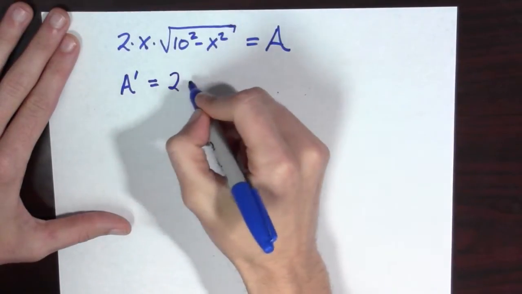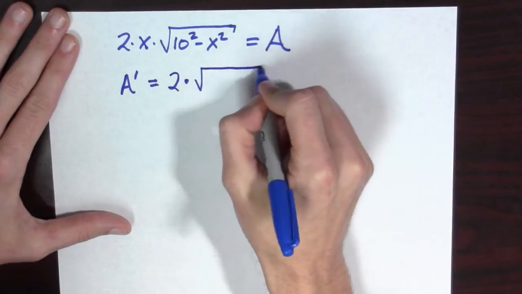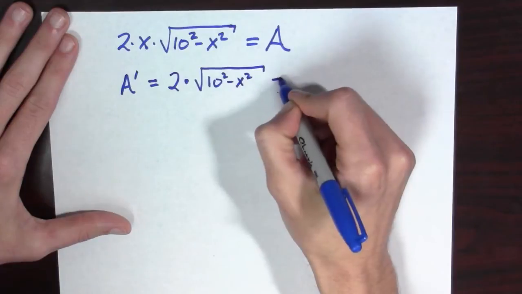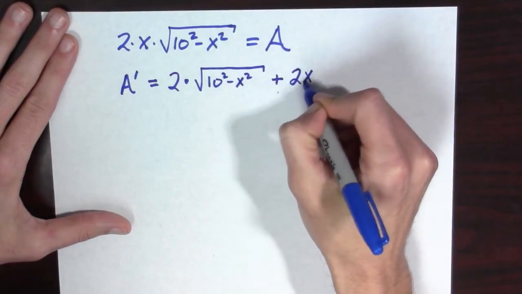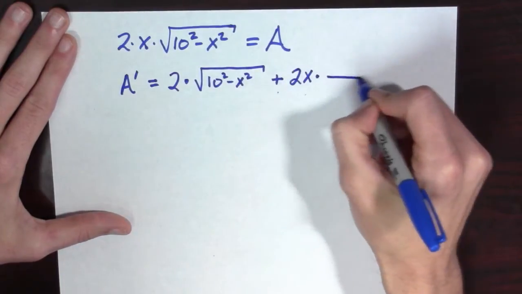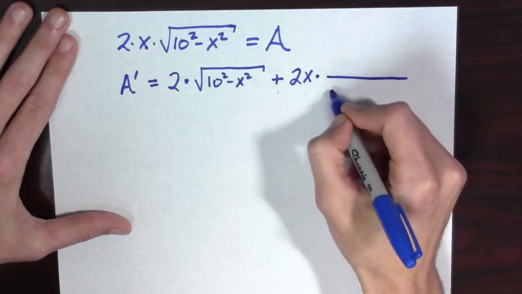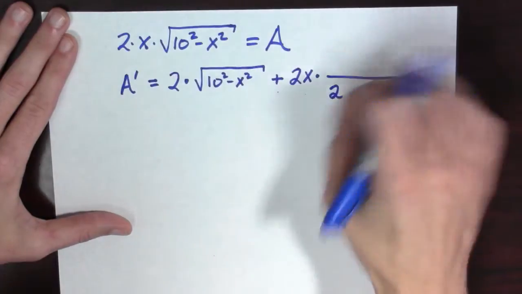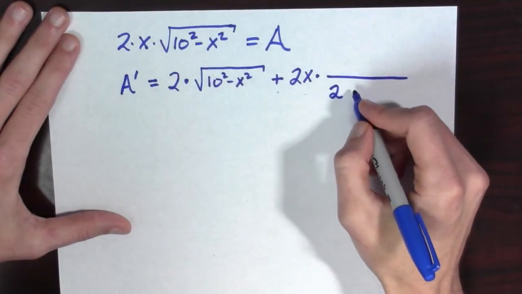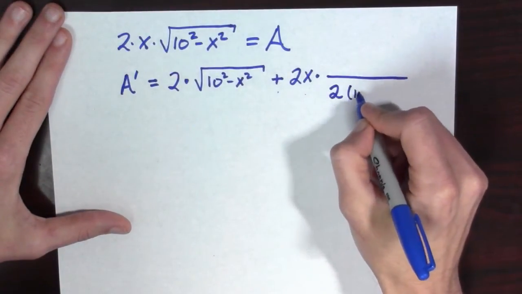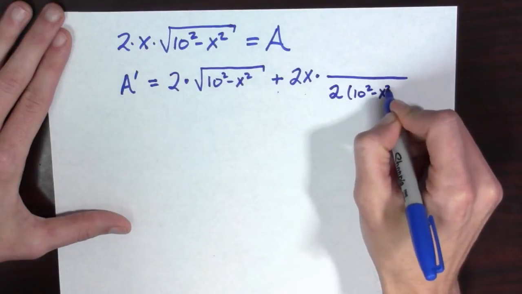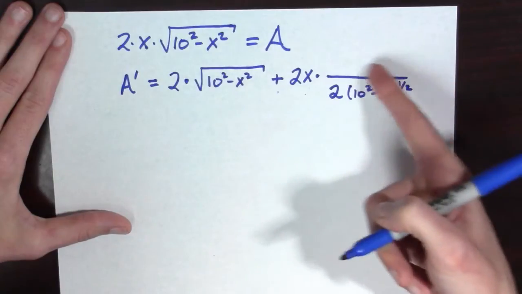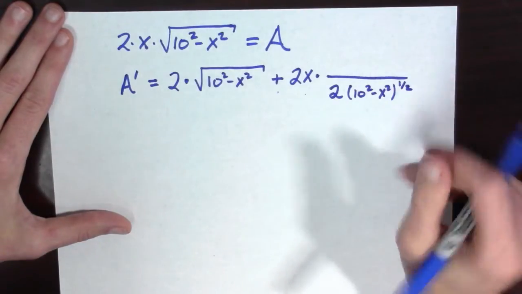So it's going to be 2 times the square root of 10 squared minus x squared, plus 2x times 1/2, because this is to the 1/2 power, it goes down to 1/2, times 10 squared minus x squared to the 1/2 power, times the derivative of the inside that I'm going to write up here. No problem with that.